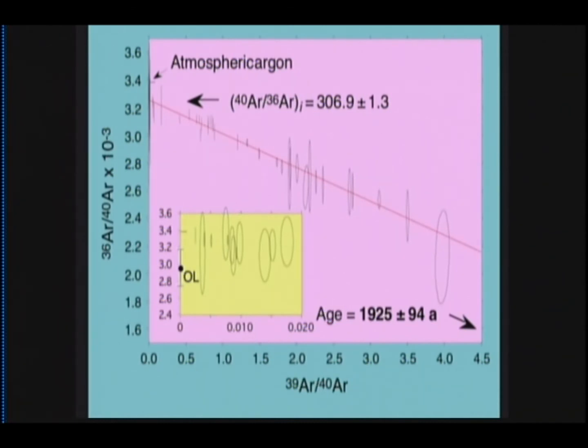And we got this ratio, which is actually even lower than this one. Remember that this is 36 over 40. So being lower on this plot means even higher 40-36 ratio. I forget what this translates to, but I think it's about 315 or so.